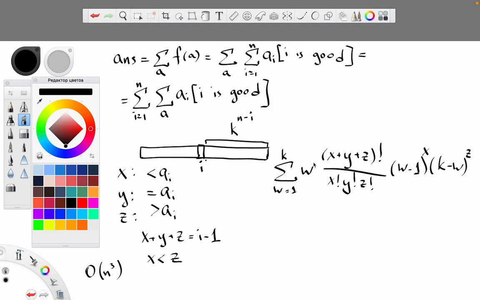Oh yeah, x, y, and z are fixed, and they are fairly small, so this is just a constant that we can calculate, and this is some, how do you call this thing, polynomial in w, and when we sum it up to k, it will be a polynomial in k.